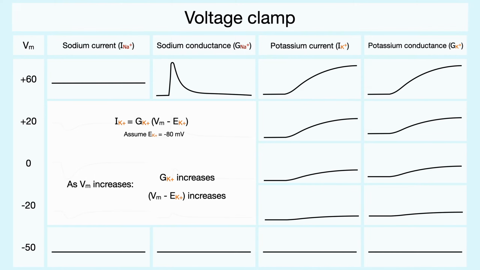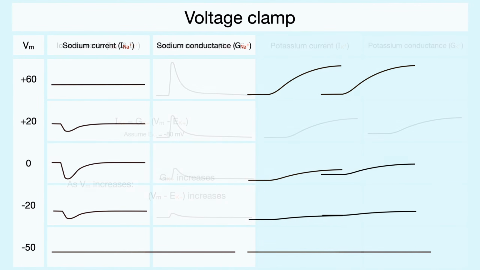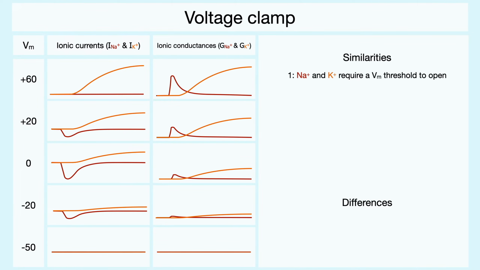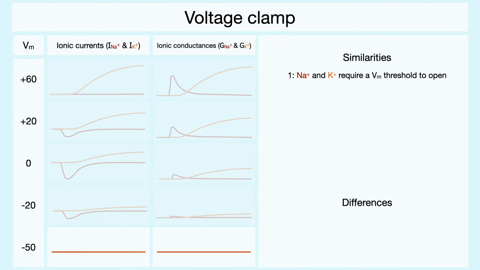To better appreciate these results, we can overlap the potassium curves with the sodium ones. From these results, there are two similarities and two differences between the behaviors of sodium and potassium that we can establish. In terms of similarities, notice that the two channels require a threshold membrane potential to open. Indeed, at some values, like here at negative 50 millivolts, there is no conductance, which implies that the channels are voltage gated.